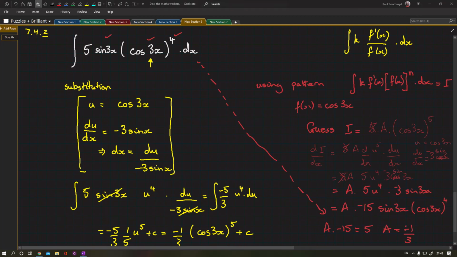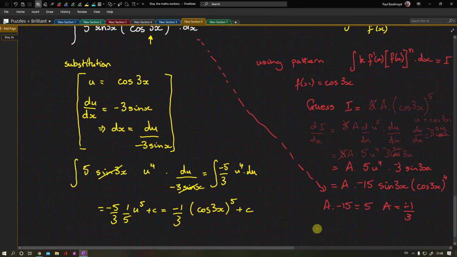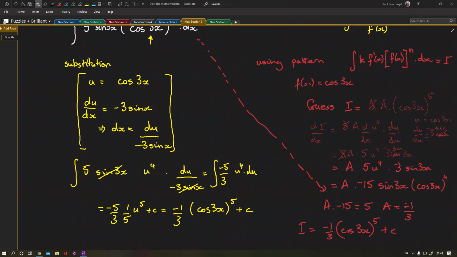And therefore we can put it back into our original trial at the top here, that the integral I is now minus 1 over 3 cos 3x to the 5 plus some constant. And that was the assumption. That strictly should have had a constant on the end as well.